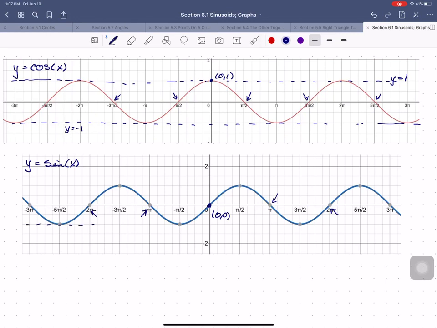But like cosine, sine is bounded on the bottom by y equals negative 1, and on the top by y equals 1. All right, we're going to talk some more about these two functions and their properties in the next video.